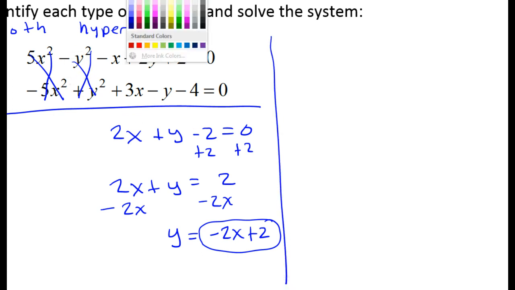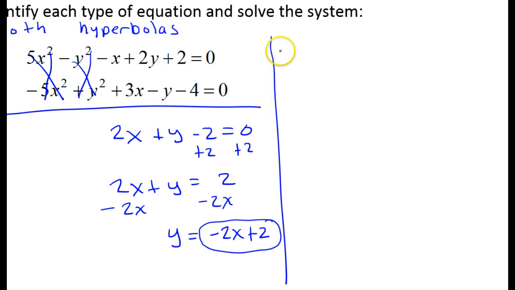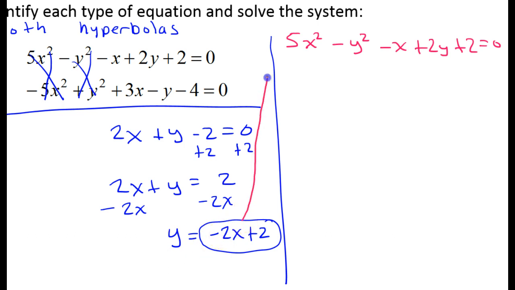So the first equation is 5x squared minus y squared minus x plus 2y plus 2 is equal to 0. But y is equal to this expression. So I'm going to take this and I'm going to put it in for every y I see. So I'm going to put it here, but I'm also going to put it here.